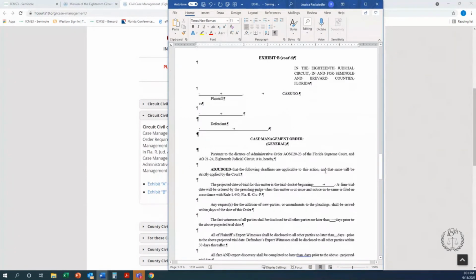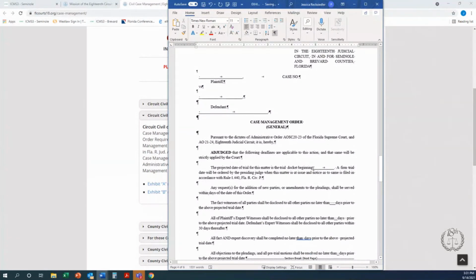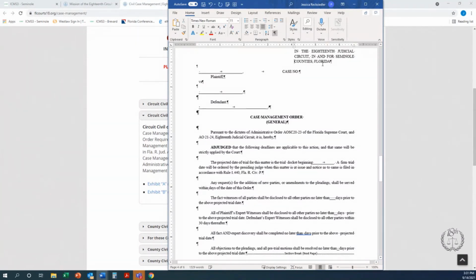Then we come to the case management order. The case management order would indicate when that's prepared. Again, if you could adjust the style of the case to put Seminole County, since you are filing it here in Seminole County, so you would otherwise correct that.